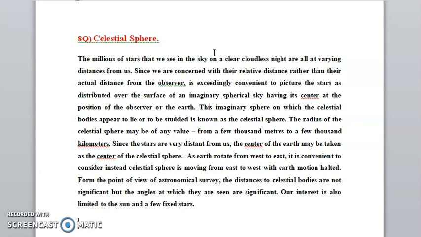The imaginary sphere on which the celestial bodies appear to lie or be studded is known as the celestial sphere. The radius of the celestial sphere may be any value from a few thousand meters to a few thousand kilometers, since the stars are very distant from us. The center of the earth is taken as the center of the celestial sphere. The earth rotates from west to east. It is convenient to consider the celestial sphere moving from east to west with the earth's motion halted. This is about the celestial sphere.